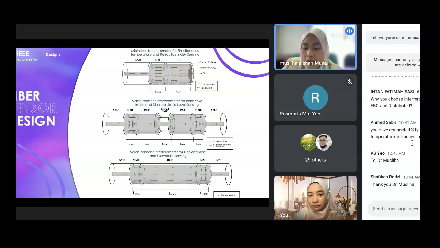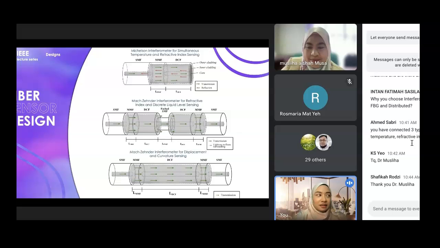If we use FBG, first, the cost is more expensive for this type of fiber, and for this one, I can fabricate it myself. If I use FBG, it's hard for me to modify the FBG, and also we don't have the specialties to fabricate the FBG in our lab.